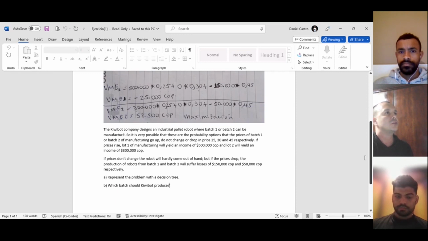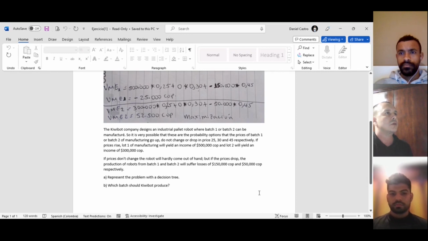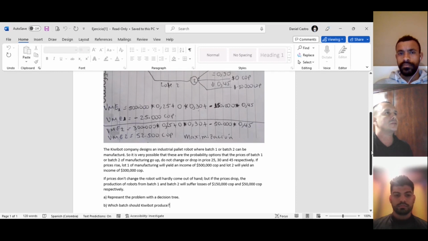for the decision node. The first one is the event node; I am going to call this one EMV1 and this one EMV2. The expected monetary value will be equal to the sum of the consequences multiplied by their respective probabilities.